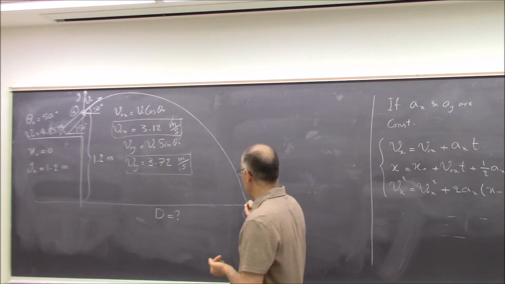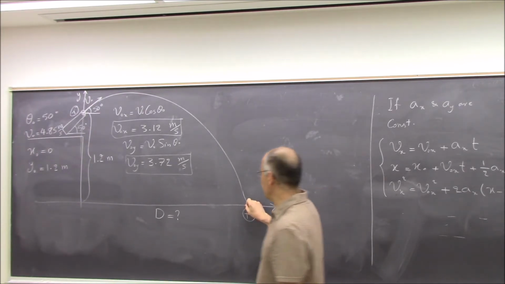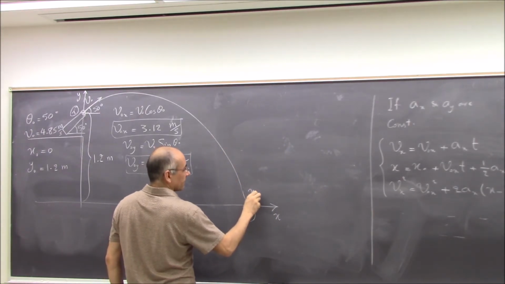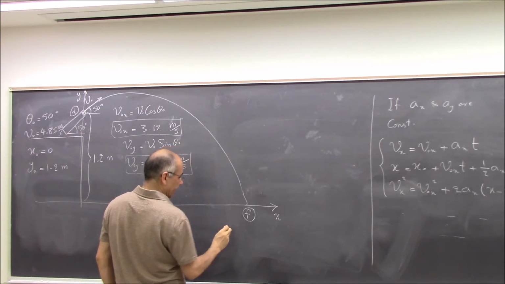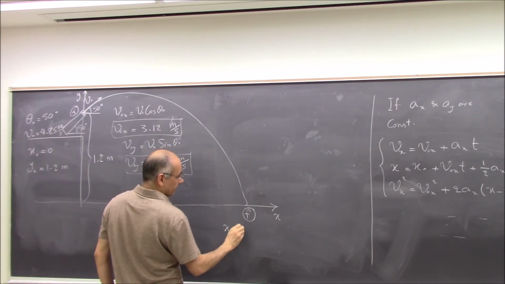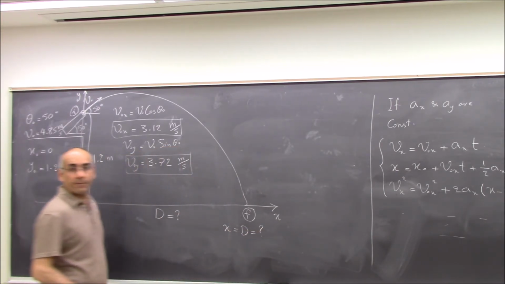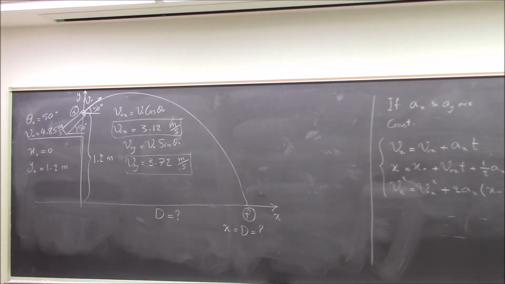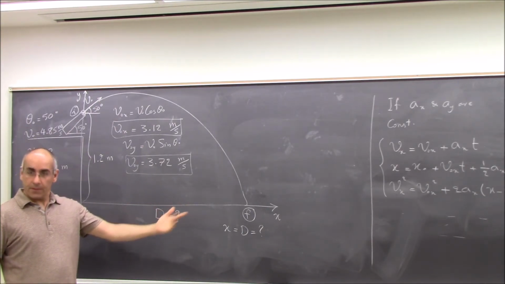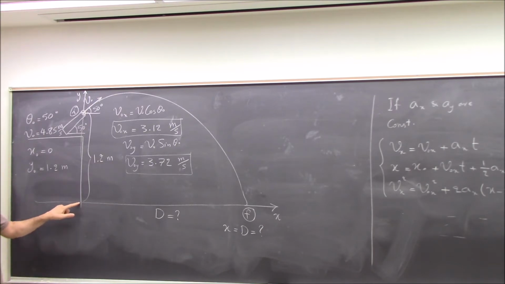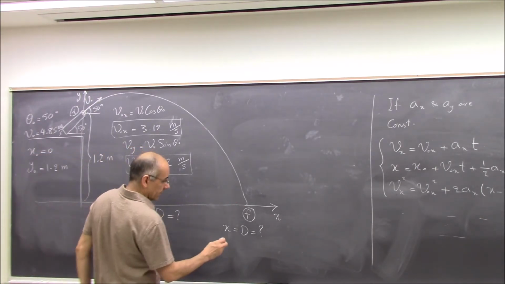What is d in x? x final, right? So x is equal to d, which we want to find. And what do you know about y? Y is 0. So the xy origin is here. At this point, the y coordinate is 0.